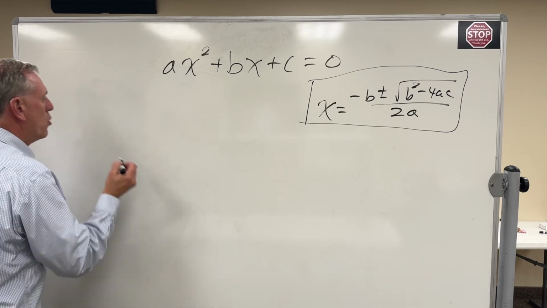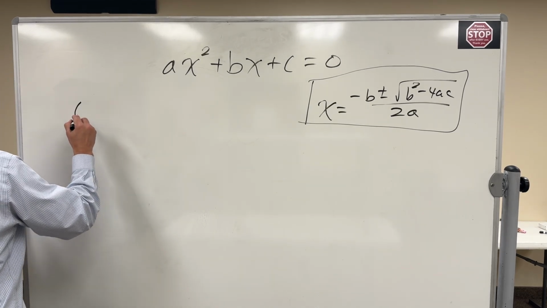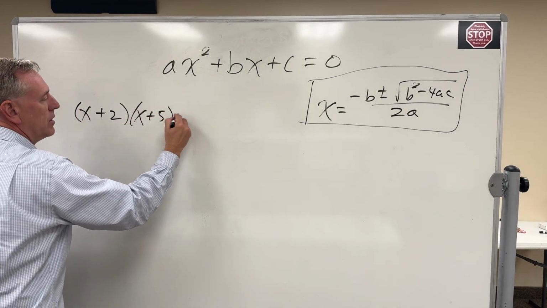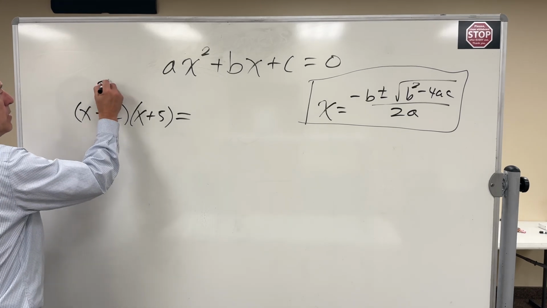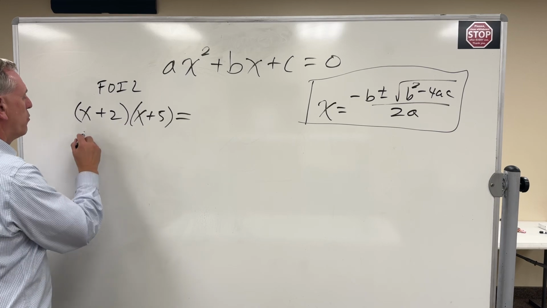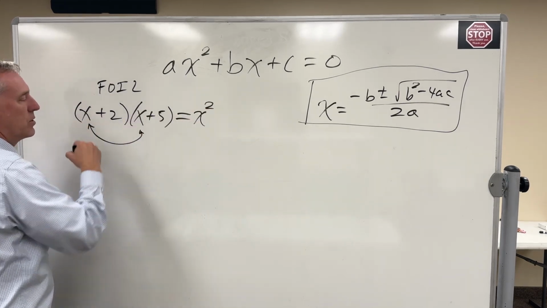But you remember the FOIL method. So if we have, say, x plus 2 times x plus 5, and we want to do FOIL on this. Remember FOIL? First, outside, inside, and last. First is x squared, x times x is x squared.